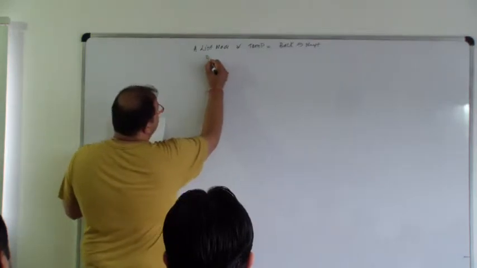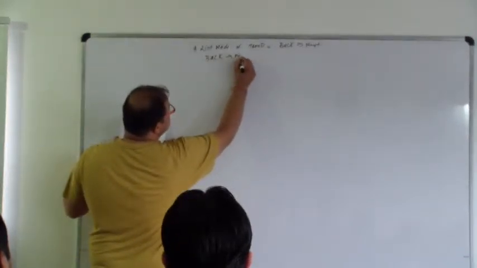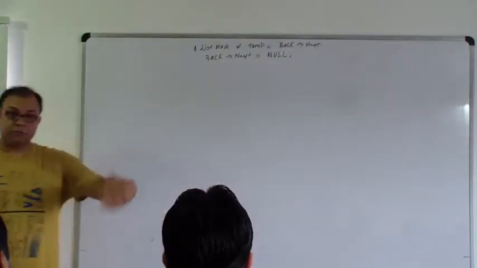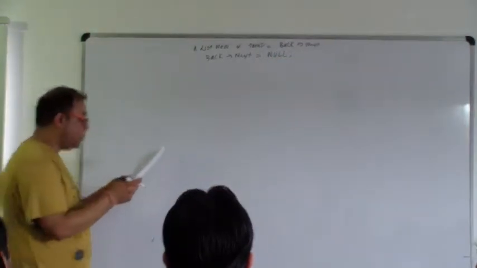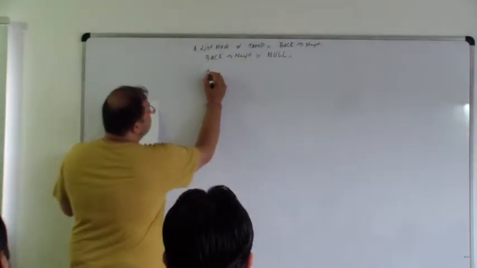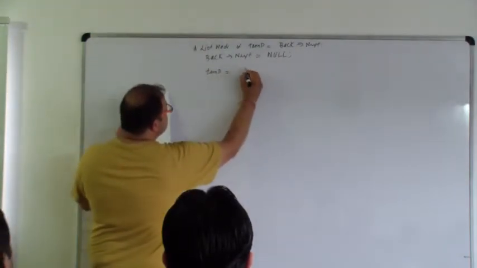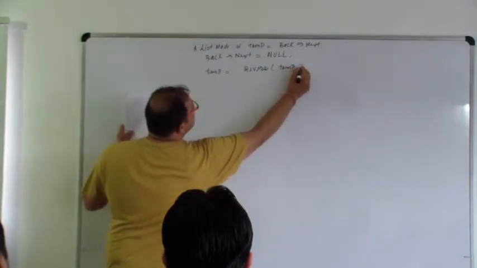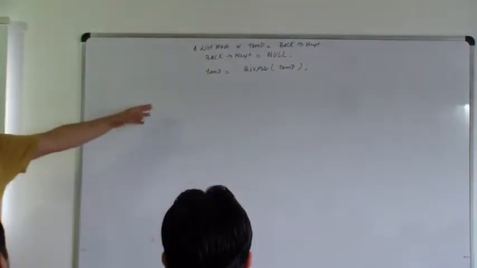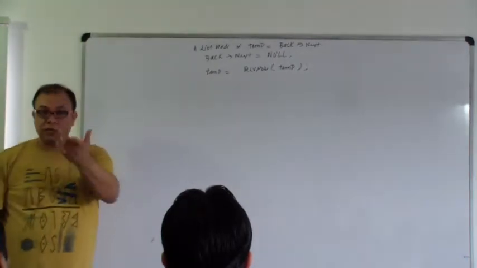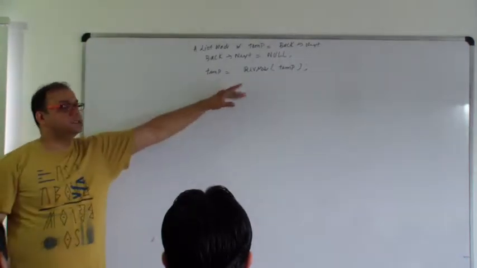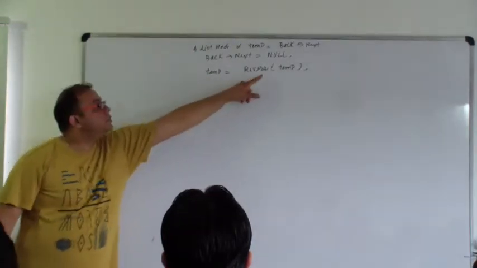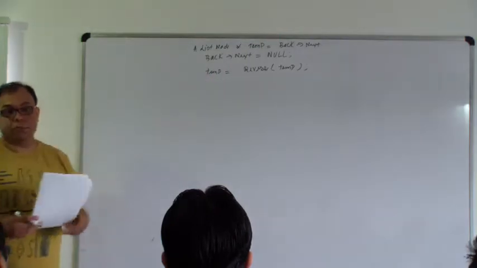And then I will say back arrow next is equal to null. So I have broken the list at the middle. Then I will say temp is equal to reverse of temp. The earlier reverse function was a void, but this function actually returns a node. So it returns the head node. So I reversed the temp and I stored it in temp.